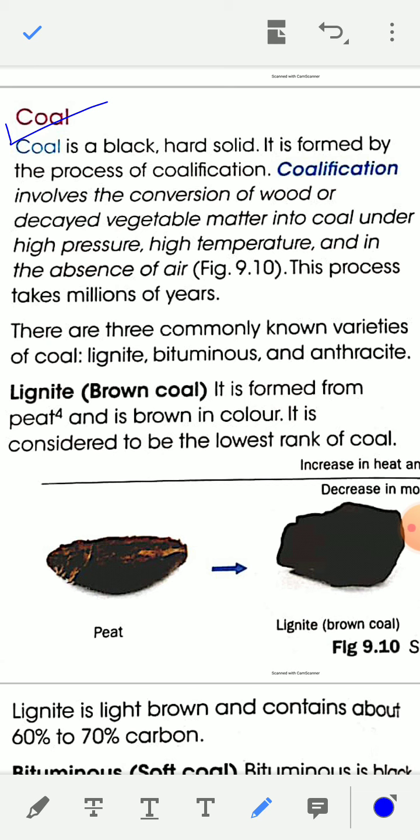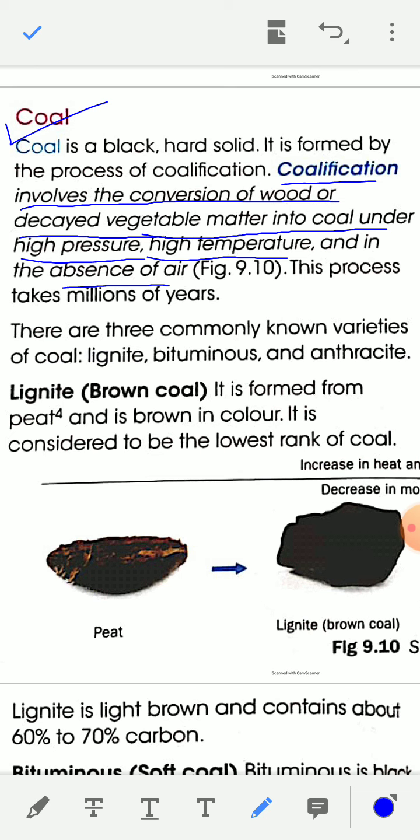Coalification involves the conversion of wood or decayed vegetable matter into coal under very high pressure, high temperature, and in absence of air, and this process takes millions of years.